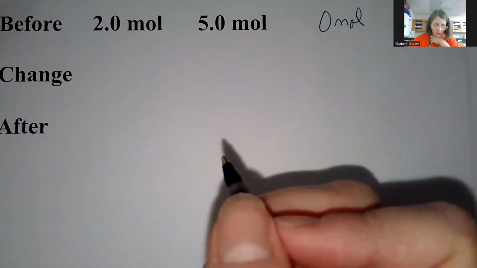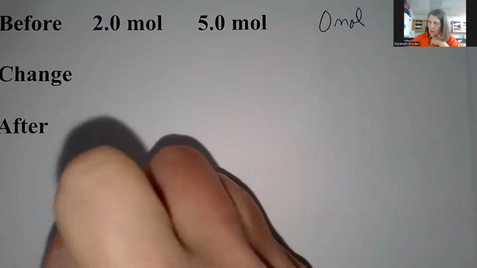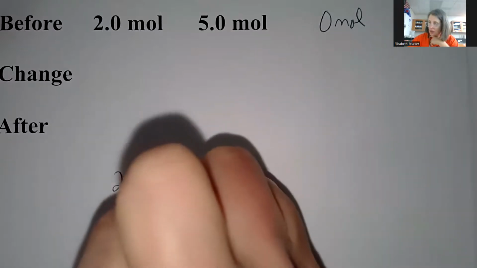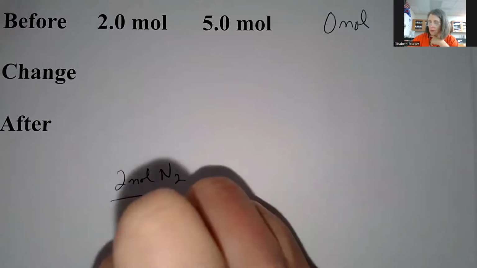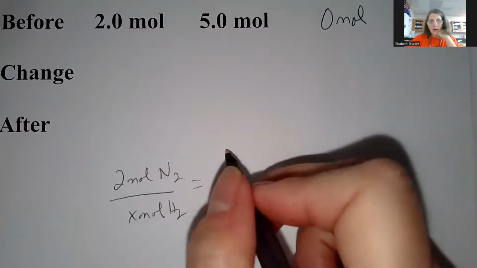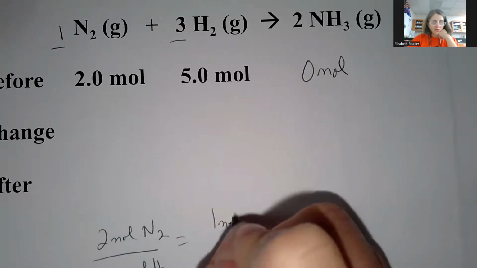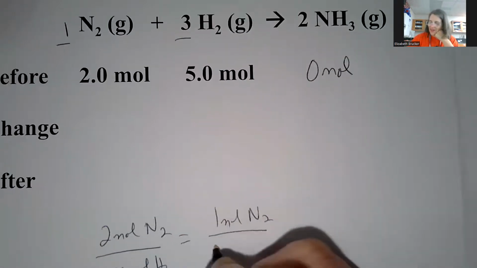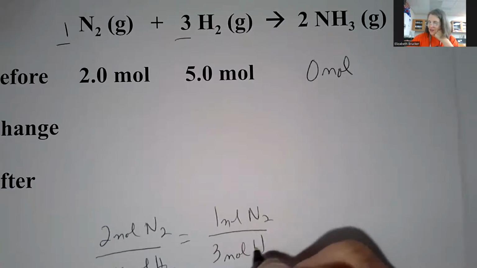I'm going to take 2 moles of nitrogen, and I'm going to see how many moles of hydrogen I need to react with it. So I have 1 mole of nitrogen to 3 moles of hydrogen.